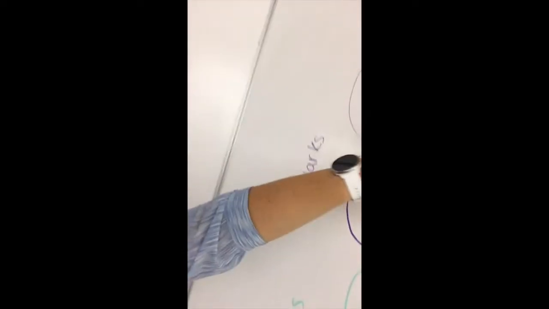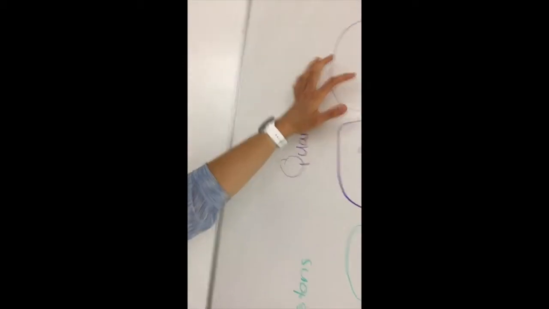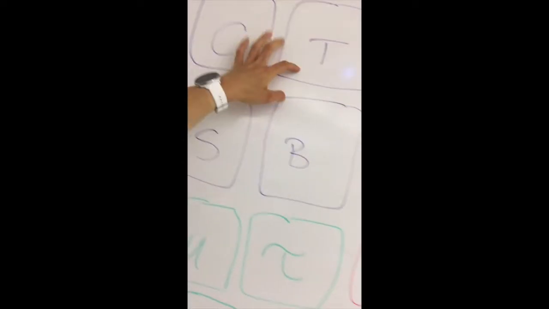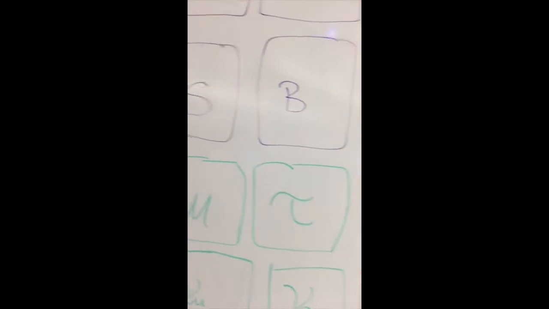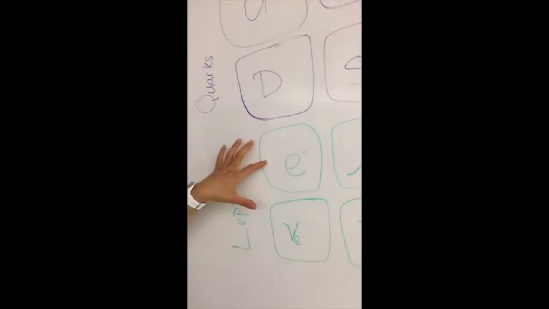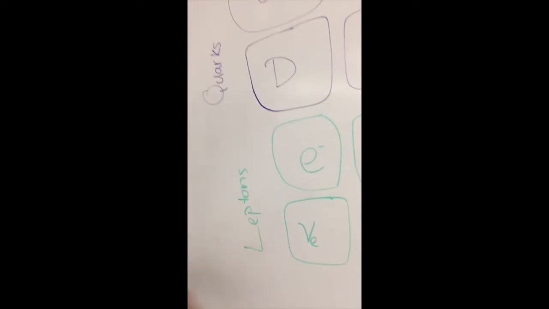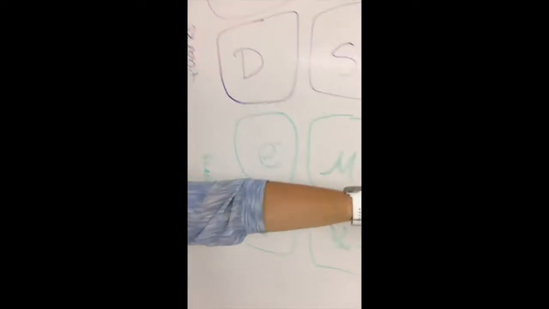These are our quarks up here. We have up, down, charm, strange, top, and bottom, and those pretty much make up everything that you interact with. They make up protons and neutrons, so the main stuff. There's also, of course, electrons you might have heard of, so these are our leptons: electrons, muons, and tauons.